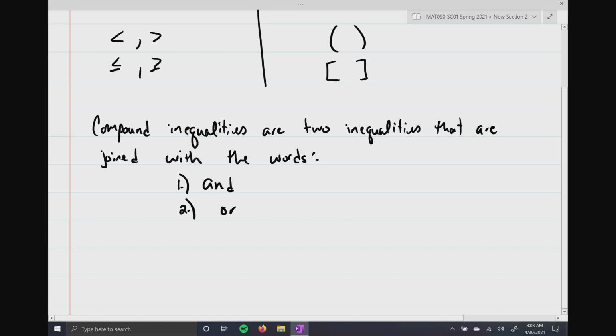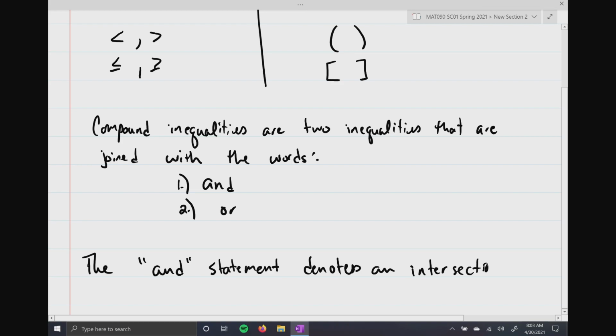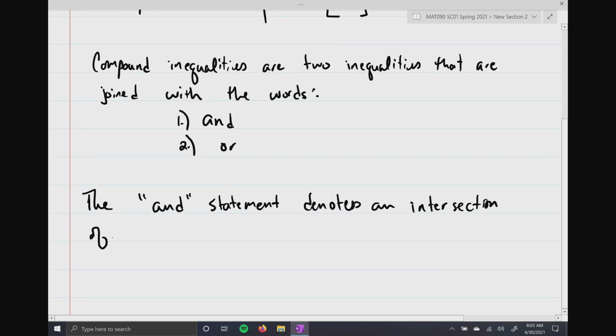Now, the first one that we're going to specifically look at is going to be the and statement. Okay? So the and statement denotes an intersection of two sets.